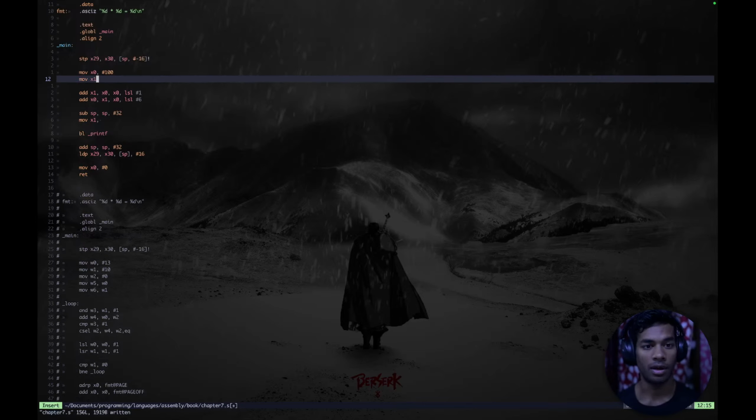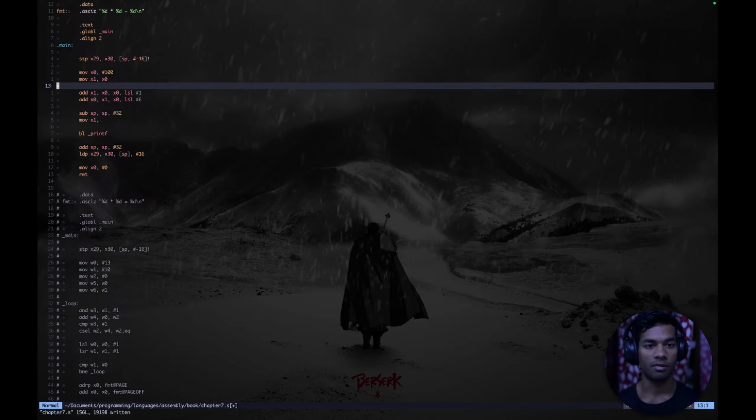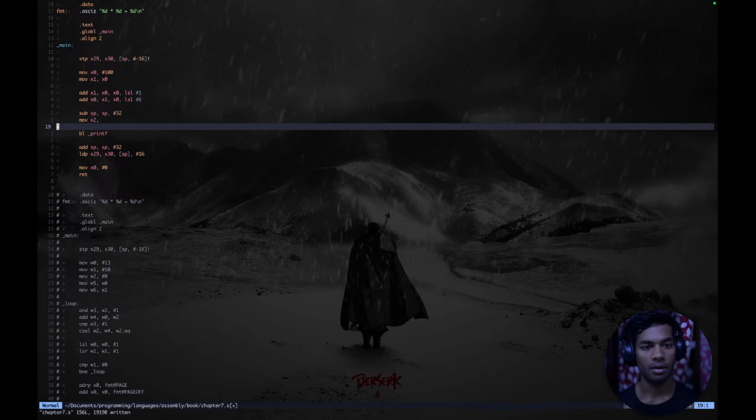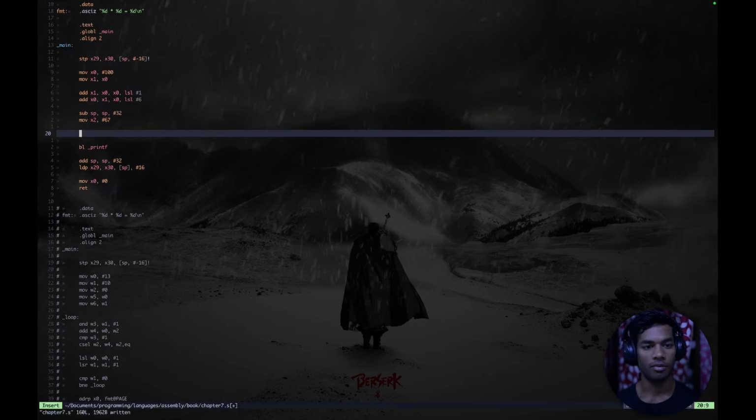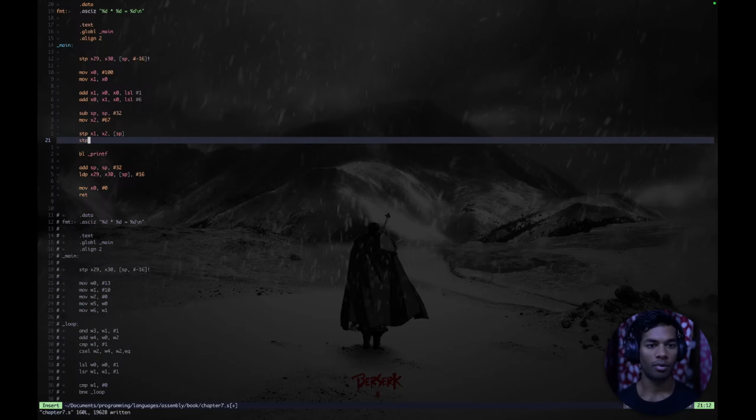So let me move that to the first register just here, and then I can here do this 67. Yep, and then store the first and the second register contents onto the stack, and then store the answer, which is in the zeroth register, onto the stack by giving it an offset of 16.